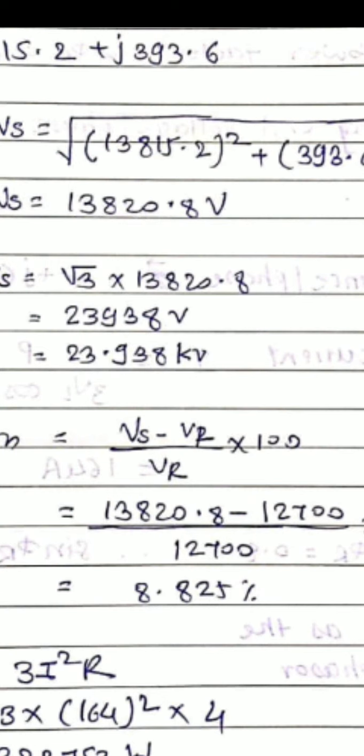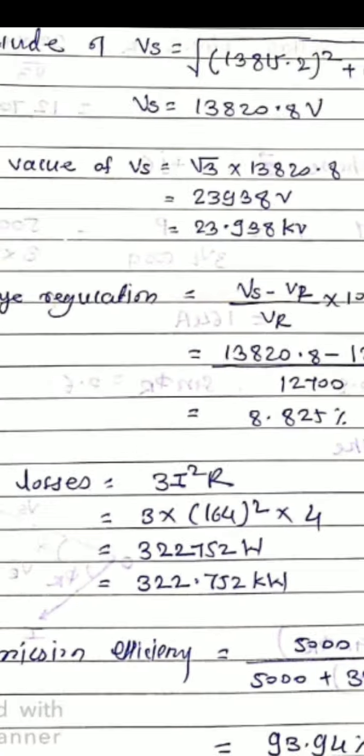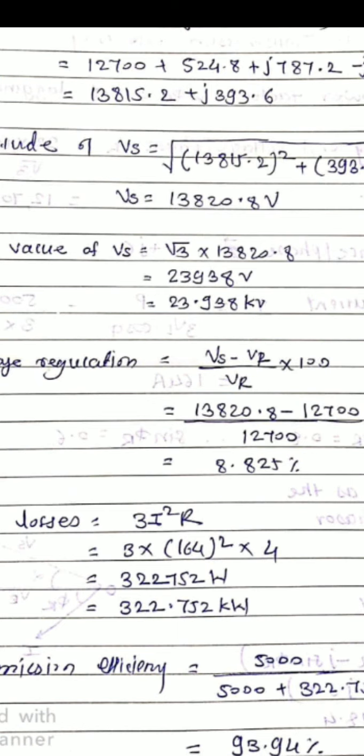The line losses are 3 I square R. Putting in the values, 3 into 164 square into 4, after calculation, gives 322.752 kilowatt.